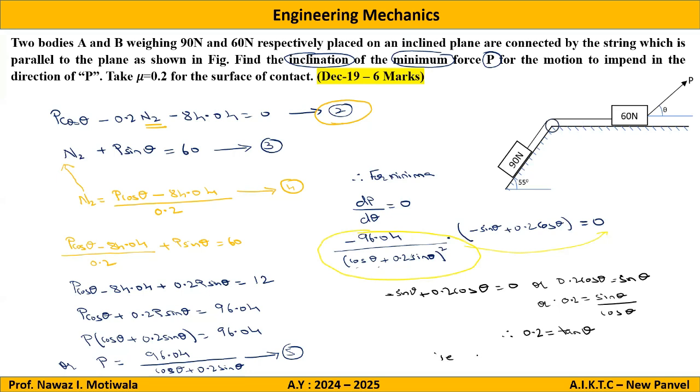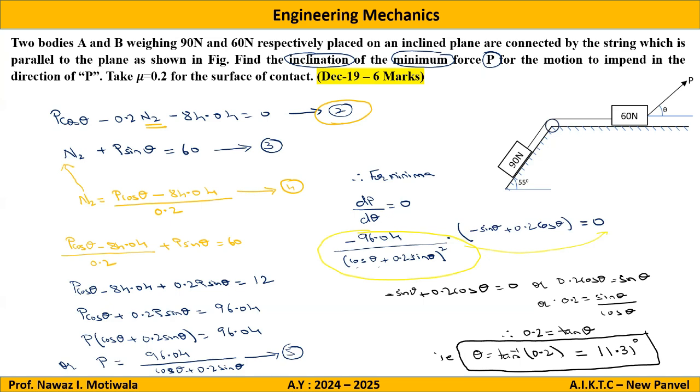That is, theta is equal to tan inverse of 0.2, which will come out to be 11.31 degrees. So this was the output which was asked: find the inclination of the minimum force P for the motion. So the inclination for minimum force is theta, which is equal to 11.31 degrees.